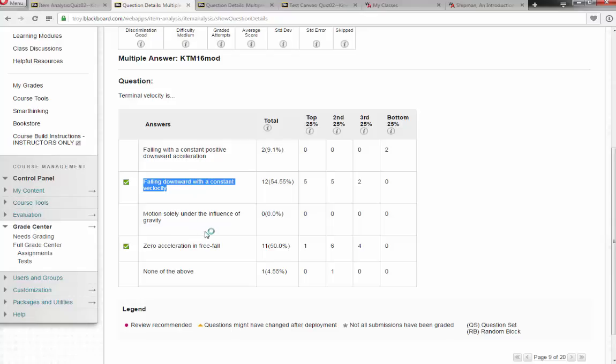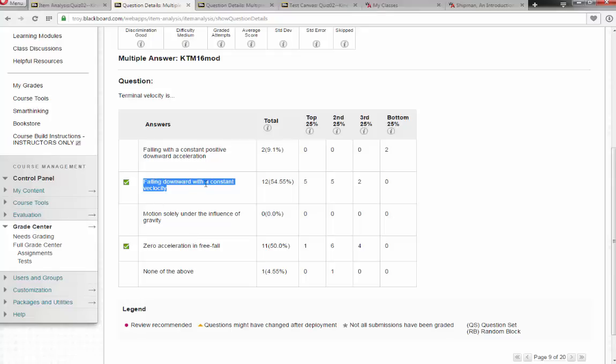Falling downward with a constant velocity. Well, acceleration is change in velocity. Technically it's change in velocity per unit time, but it is a change in velocity. That's what makes us have acceleration. So if the acceleration is zero, that means there is no change in the velocity.